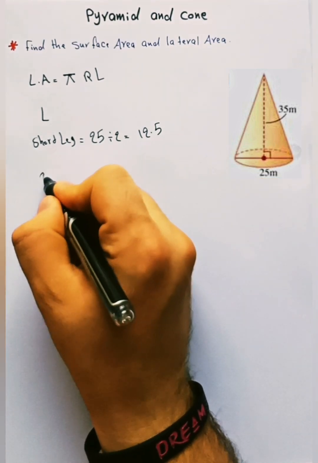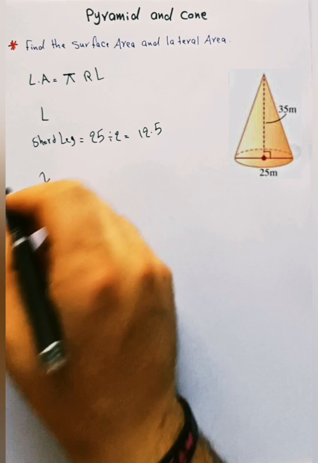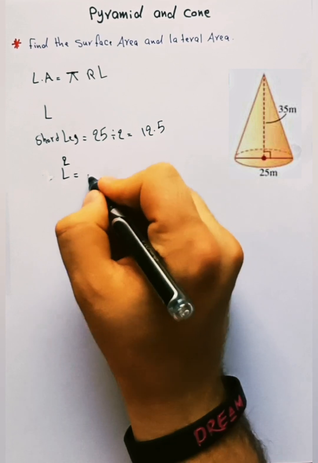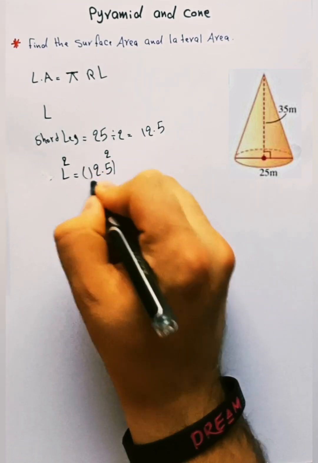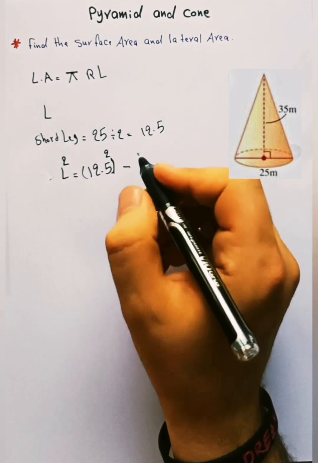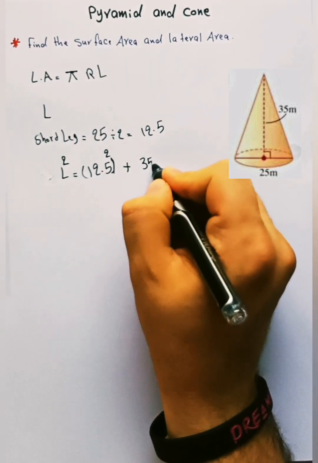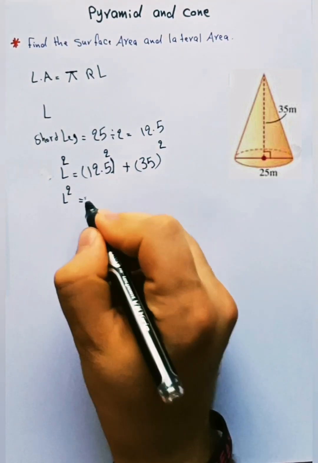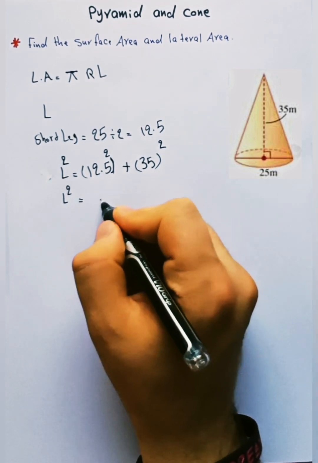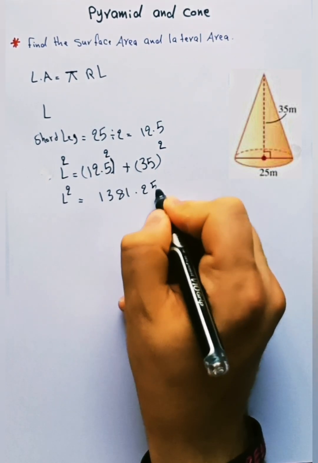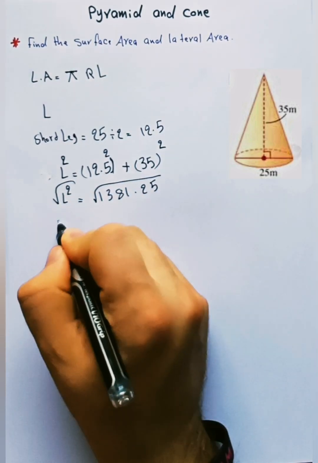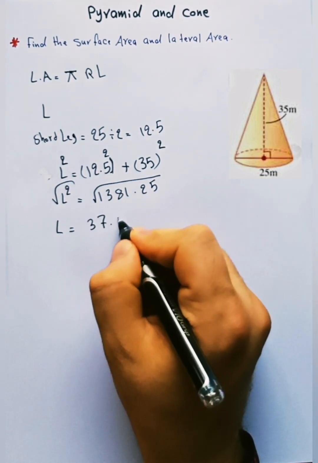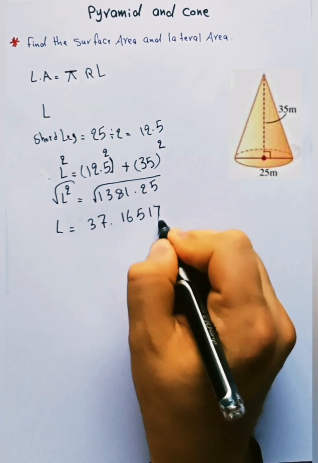So the slant height L square equal to 12.5 short leg square plus long leg 35 square. So the slant height square equal to 1381.25. You have to take the square root of both sides, so L equal to 37.16517.